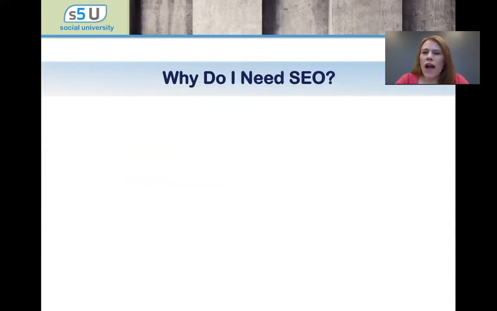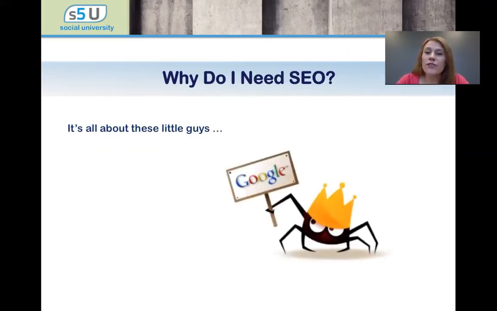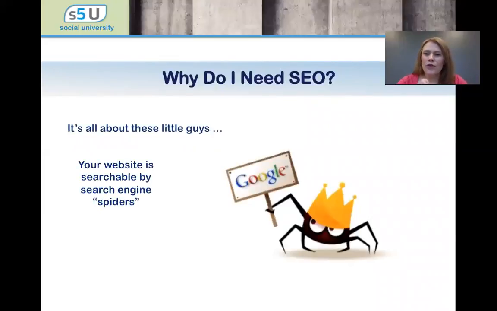So first off, why do we need SEO? What is it that we're benefiting from here, and how is that helping your website? So it really all comes down to these little guys. They're search engine spiders. And obviously they're not real spiders, right? But the web is full of these little guys, and they're more like algorithms, right?